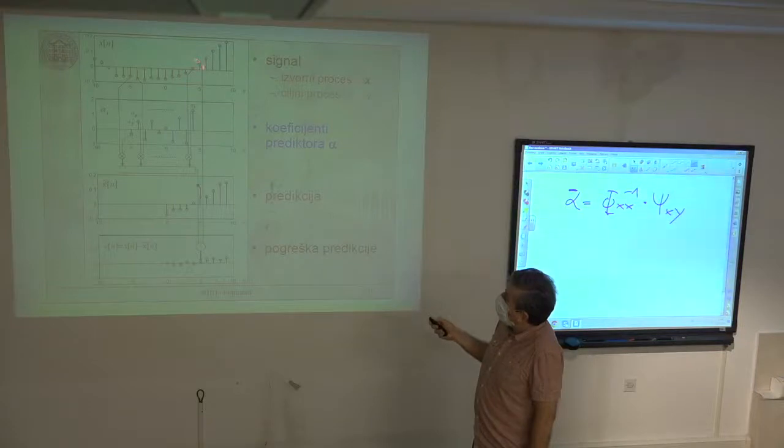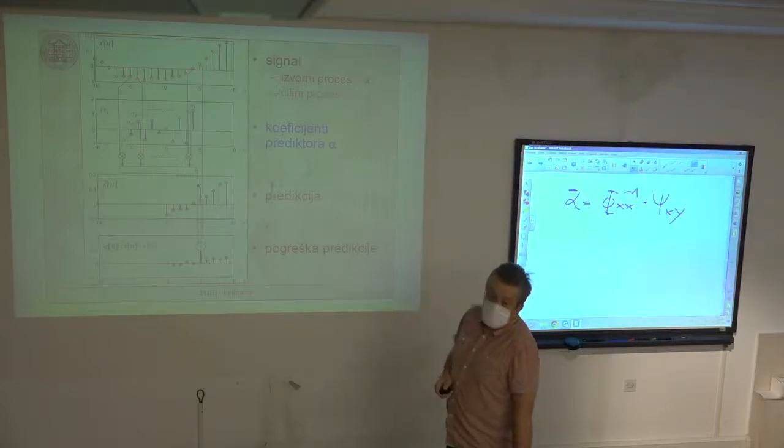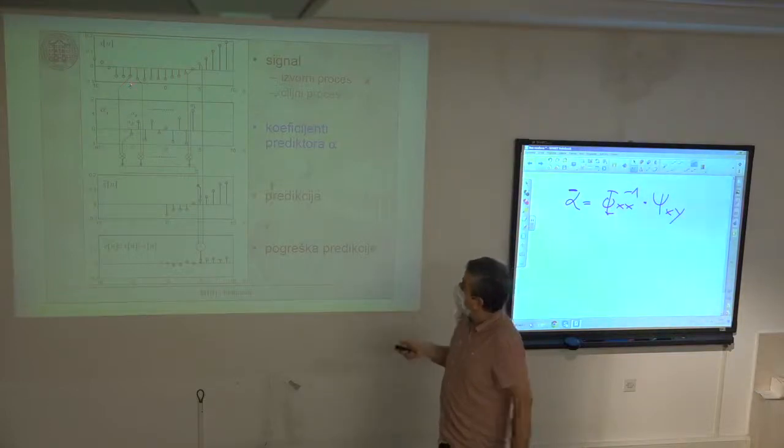So I want to predict this value, x of 5, from x of 4, x of 3, x of 2, up to x of -5.